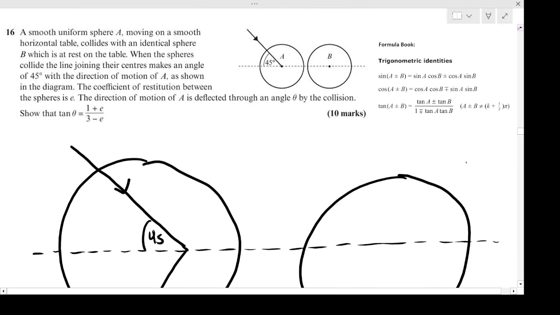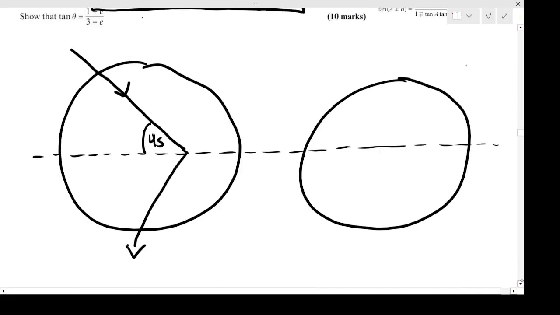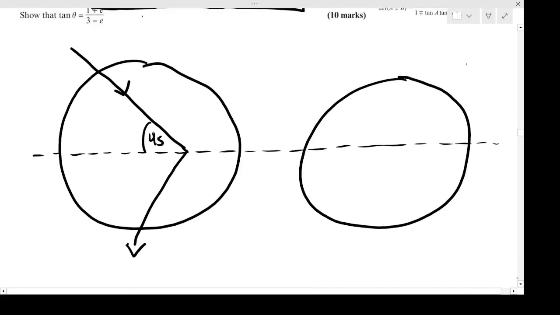And I'm also told with A, the direction of motion is deflected through an angle theta. So that's the angle of deflection. To visualize that, if I call the original speed u and extend it, you can see that this is the angle of deflection, theta.